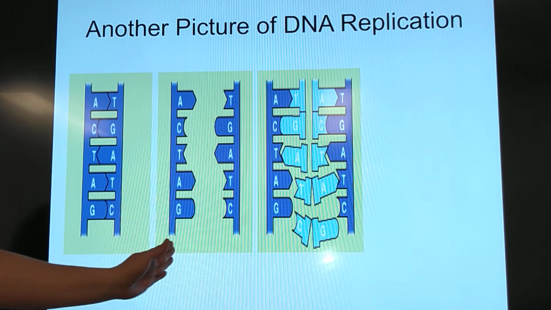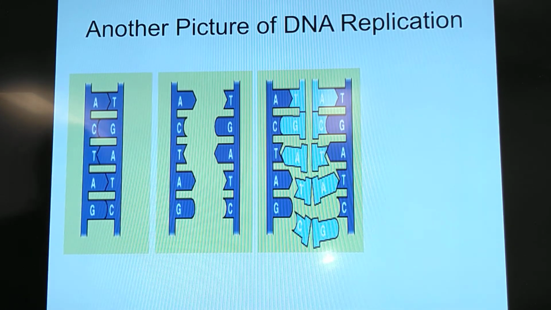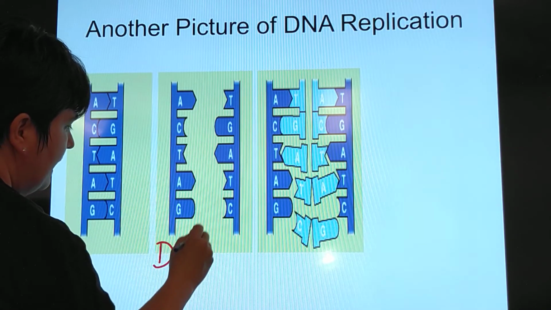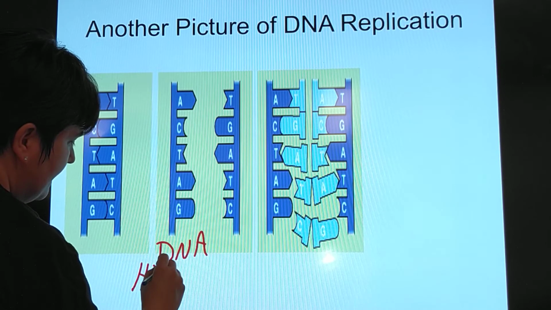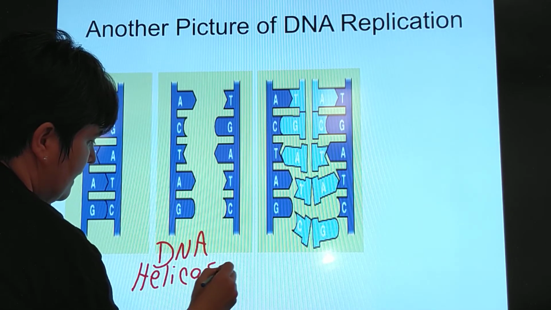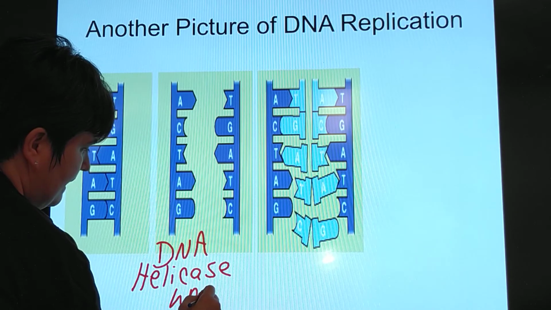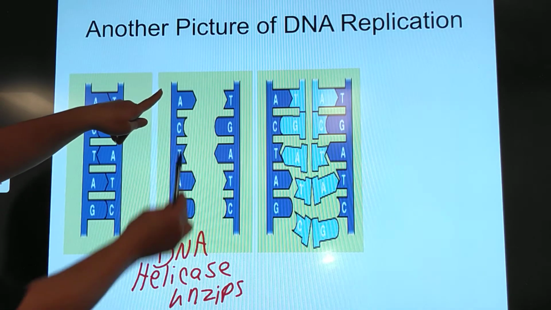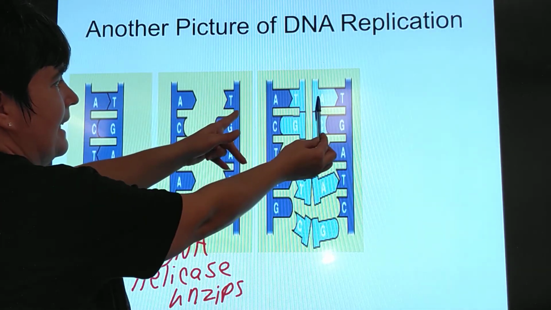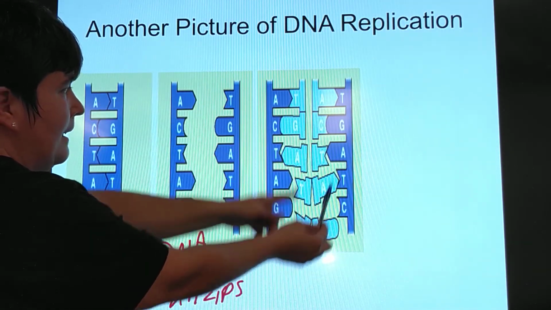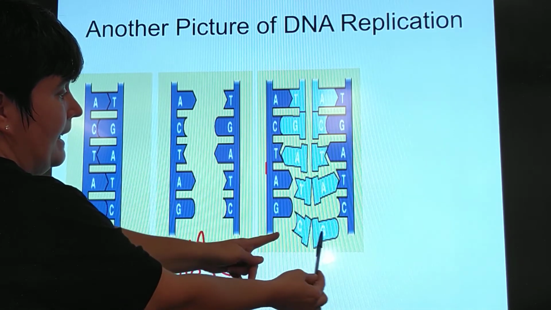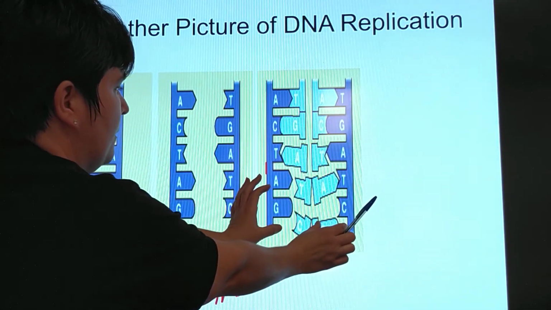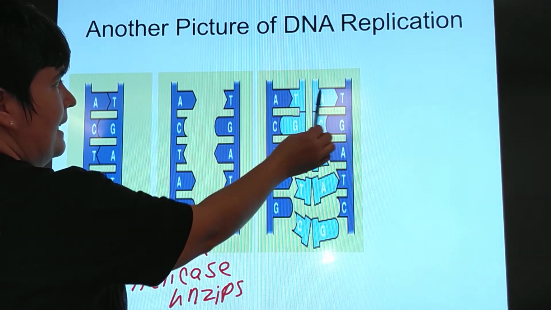This was our original strand. DNA helicase came in and opened it up, and zips. And then here, this A got a T. That T that was already on that side is going to get an A. The dark blue is the original strand, and now the polymerase is coming in, laying down these strands. So then we're going to end up with two identical sets. This is an AT and this is an AT.